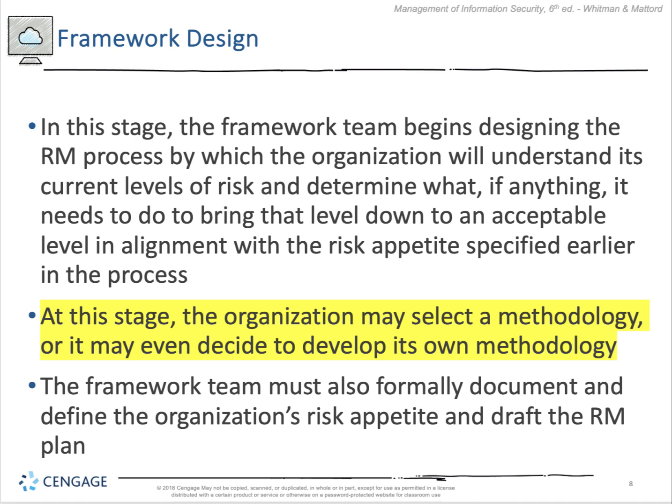As you can see in this stage, the framework team begins designing the risk management process by which the organization will understand its current levels of risk and determine what, if anything, it needs to do to bring that level down to an acceptable level in alignment with the risk appetite specified earlier in the process. At this stage, the organization may select a methodology or even decide to develop its own. That's where we stopped in our last discussion.